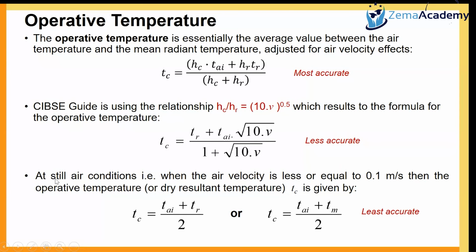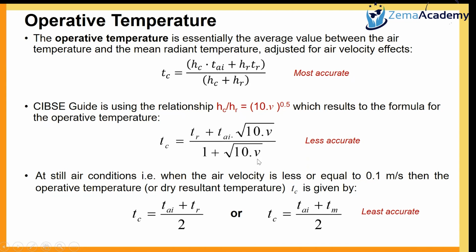The assumption is that within the space the conditions are still air conditions. That is how we define still air conditions. Still air conditions are defined when the air velocity is less than 0.1 meter per second. So what is done is that this 0.1 is placed against the value of v in this equation.